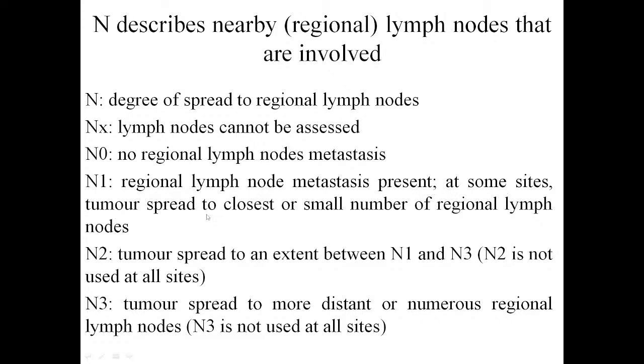Tumor spread to the closest or a small number of regional lymph nodes. N second, tumor spread to an extent between N first and N3. And N3, tumor spread to more distant or numerous regional lymph nodes.